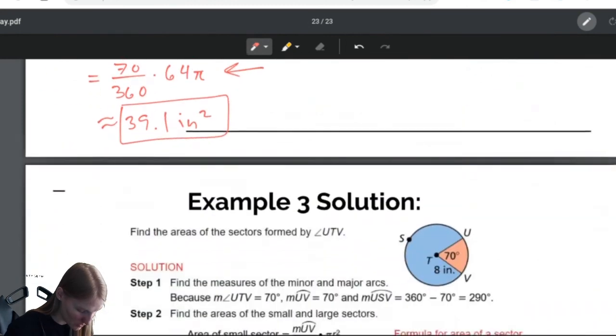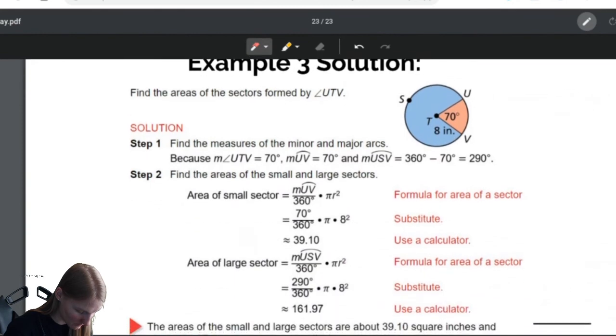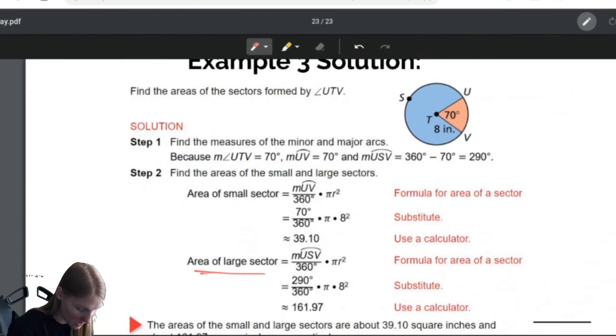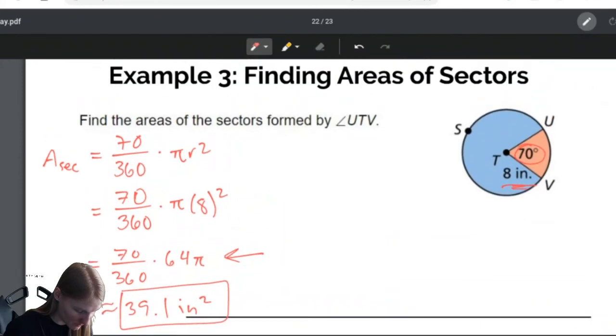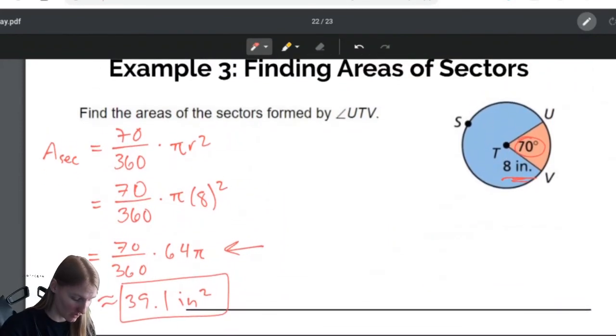Let's make sure that we were correct. 39.1 inches squared. Oh, I didn't even notice they wanted the area of the large sector. So what we could do for the area of the large sector is we could do this same thing again.